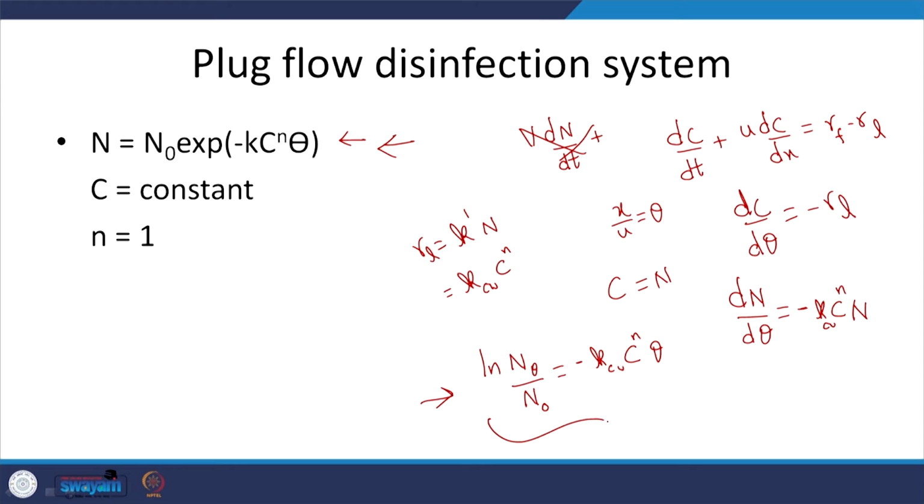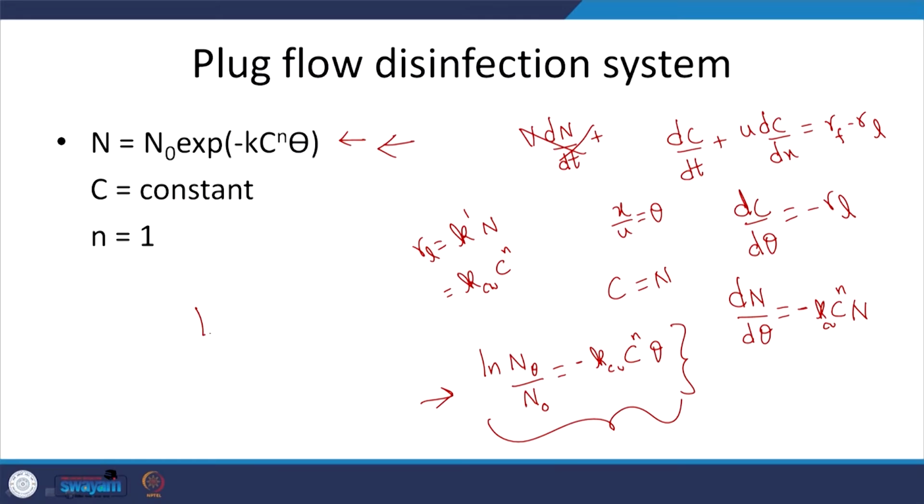But obviously, you see the parallels between the batch reactor's equation and the equation from the mass balance for the plug flow system. So that's what we have. Again, this is for a plug flow disinfection system, right? So depending upon how well you can make the system behave like a plug flow, you can go ahead with it. But depending upon your type of mixing, you can sometimes end up having a series of CSTRs.